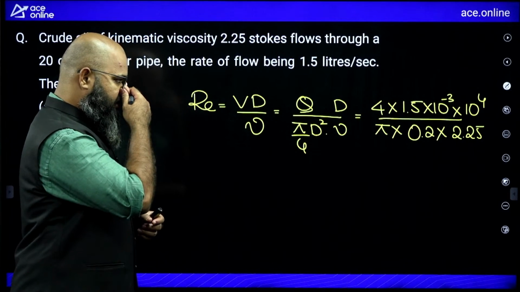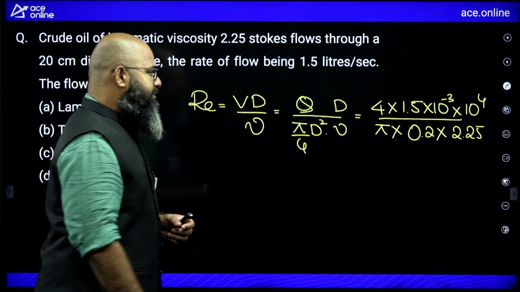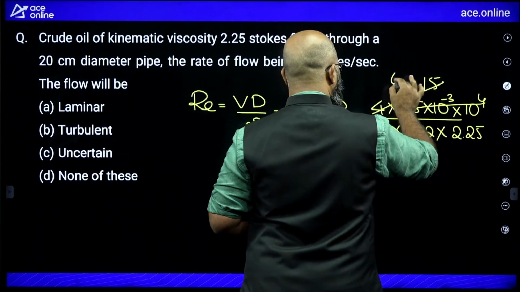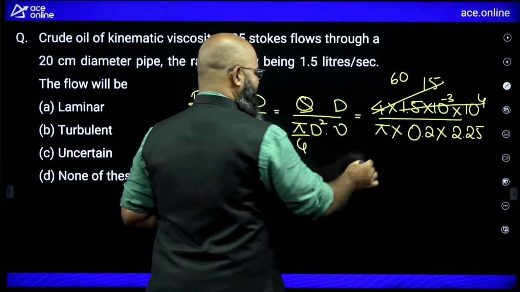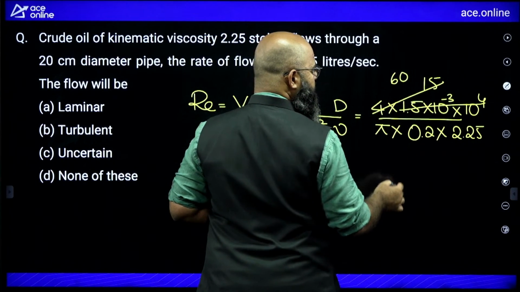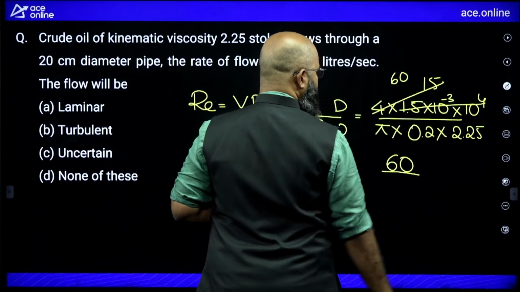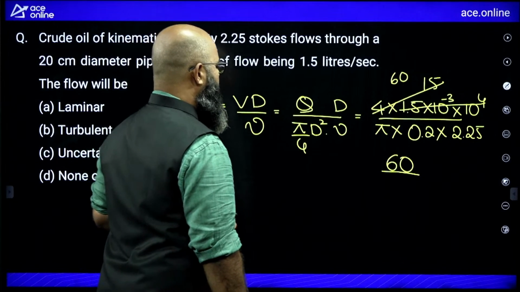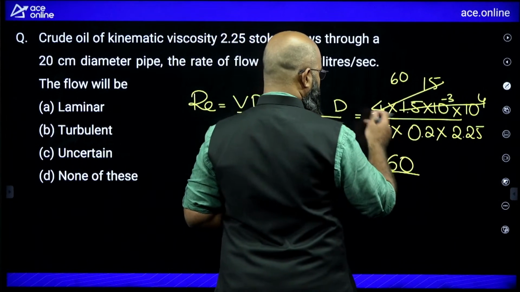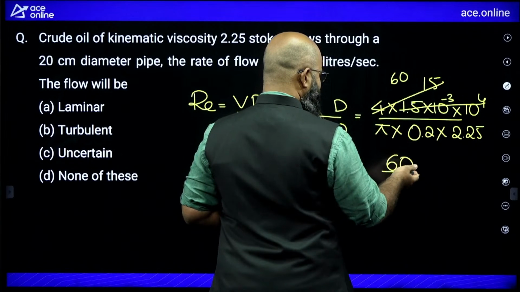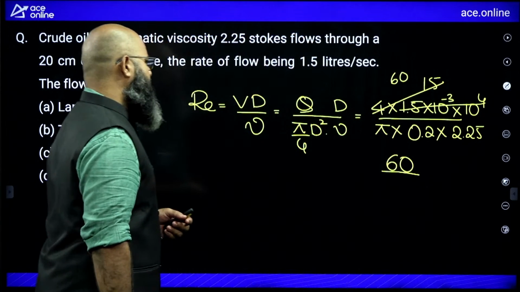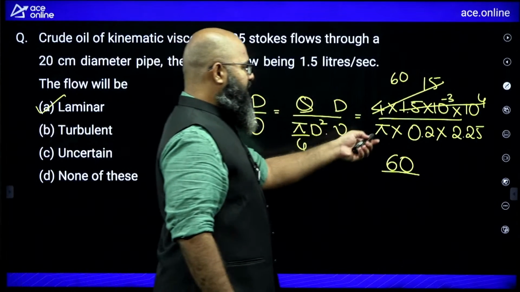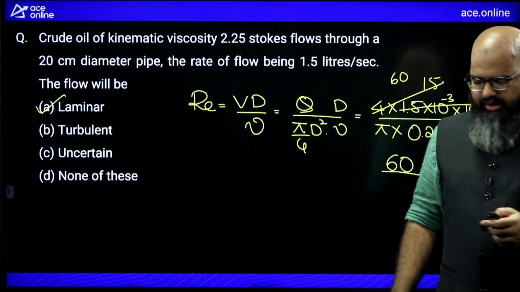This is the value we are having. So this entire thing will make it 15. 15 times 4 is equal to 60. So you are having over here 60 divided by 2.25 into 0.2 pi, which will be much less than 2000. So guaranteed it is less than 2000, we can say it is laminar only. Without calculation, you can say it will be less than 2000. It should be laminar.